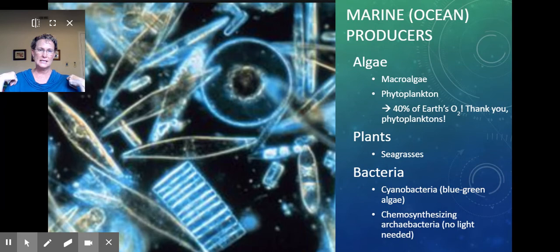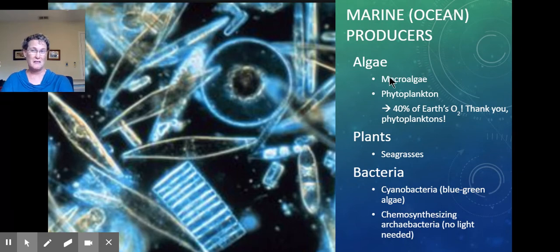Plants have seagrass, bacteria, cyanobacteria, and chemosynthesizing archaeobacteria, where they don't even need light. And this is to remind you, too, that the algae are actually protists. They are producers, but they're not plants. So they are protists. And then you can see the little pieces here. Some of these are silicates.